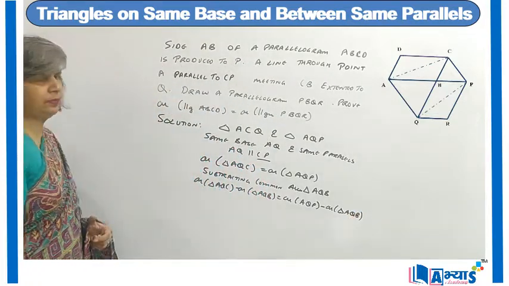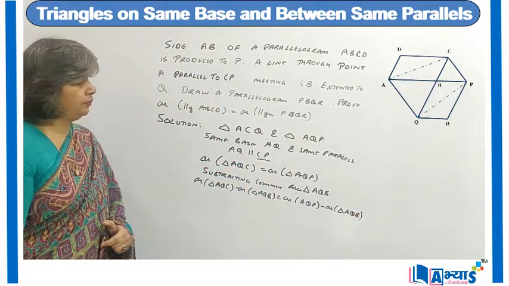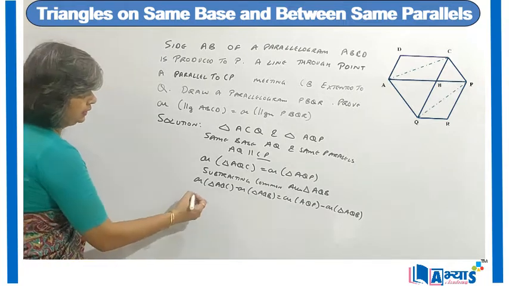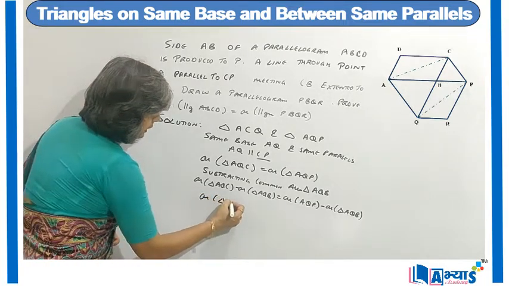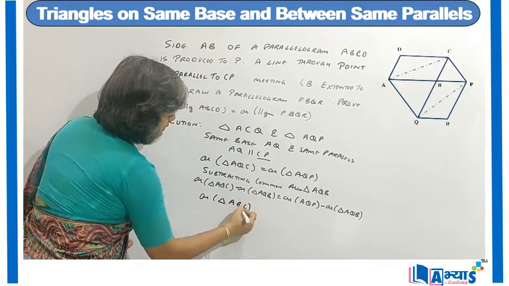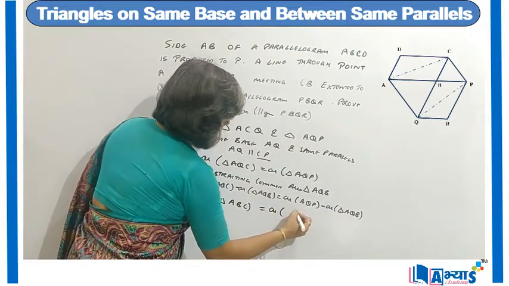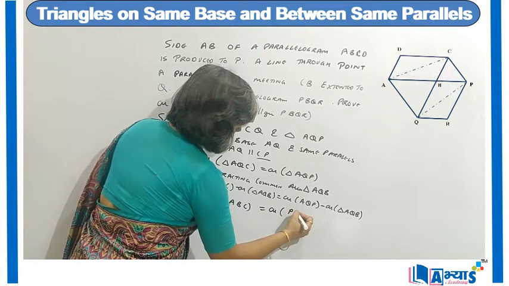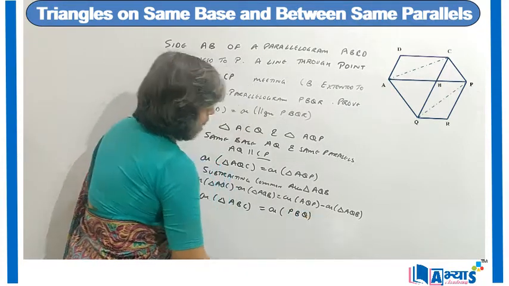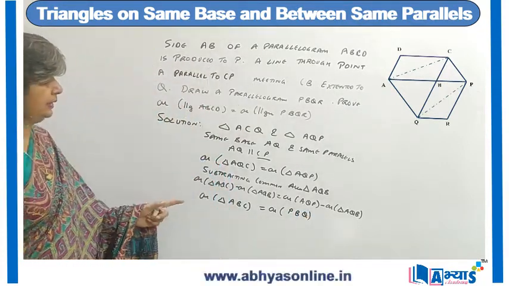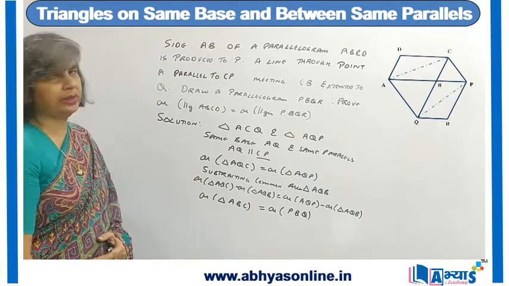Now when we subtract the area of AQB from AQC, we get area of triangle ABC is equal to area of triangle PBQ. Now area of triangle ACB is equal to area of triangle PBQ.